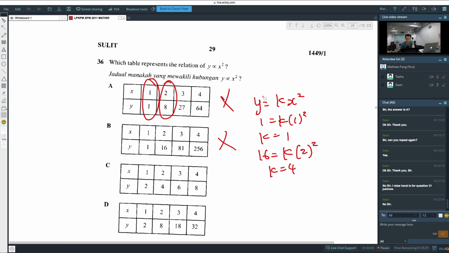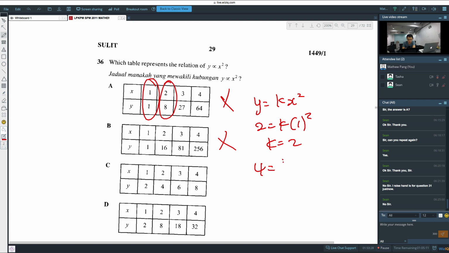So for the next one, we're trying to substitute 1 and 2. When y equals 2, x equals 1, my k equals 2. Okay, substitute the second combination. When y equals 4, x equals 2, I use this combination, k equals 2.